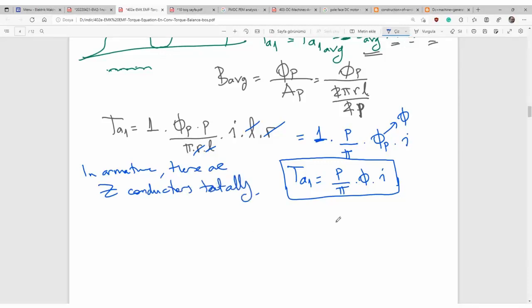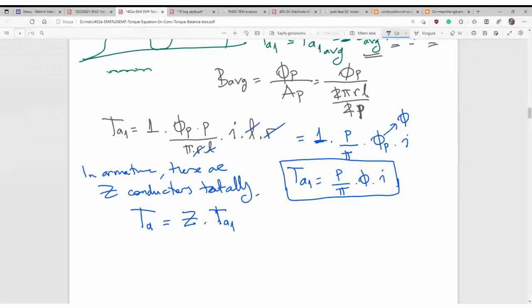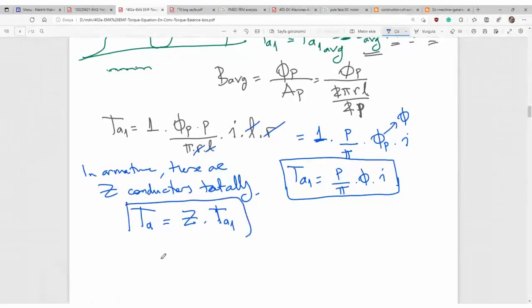So, total induced torque in armature is equal to Z times total torque average induced in only one conductor. That is the final total induced torque equation.